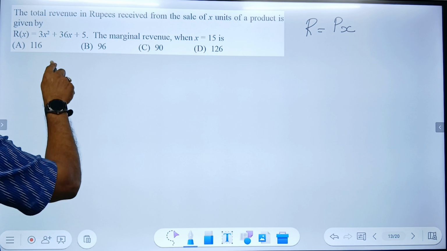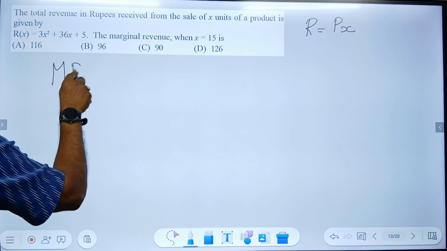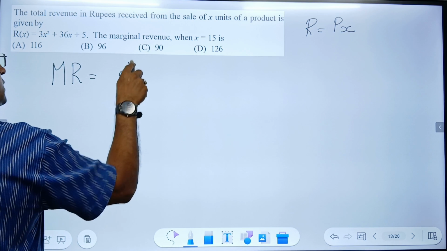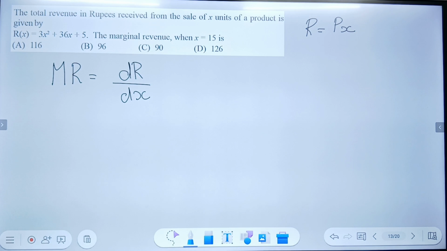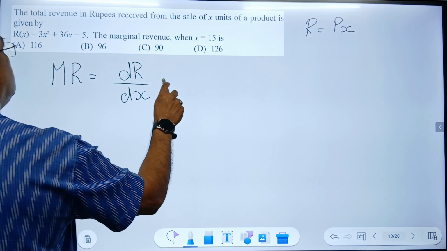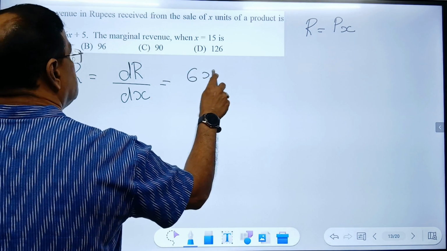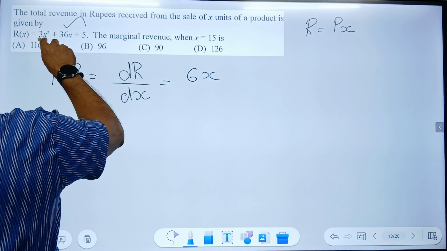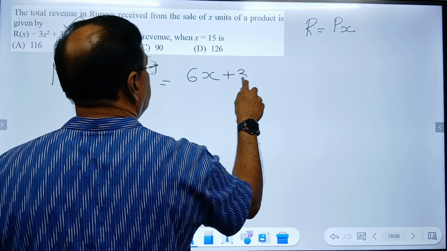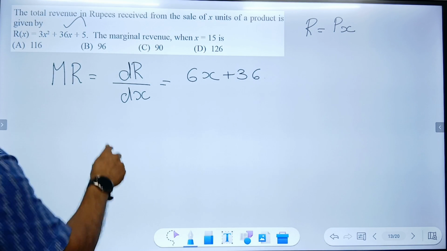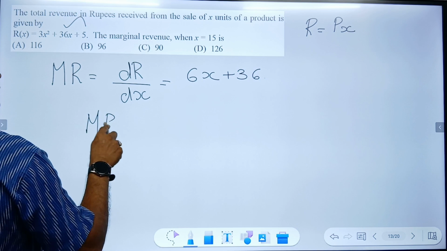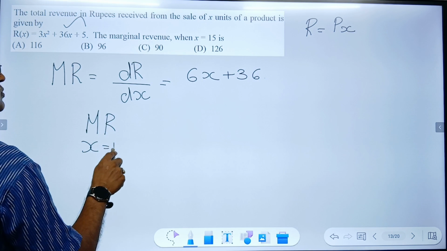Now what is marginal revenue? Marginal revenue is nothing but the change in revenue with respect to the units produced. So the revenue is already given, 6x plus 36. I am differentiating this with respect to x. Now I want to find marginal revenue when the number of units produced is 15.